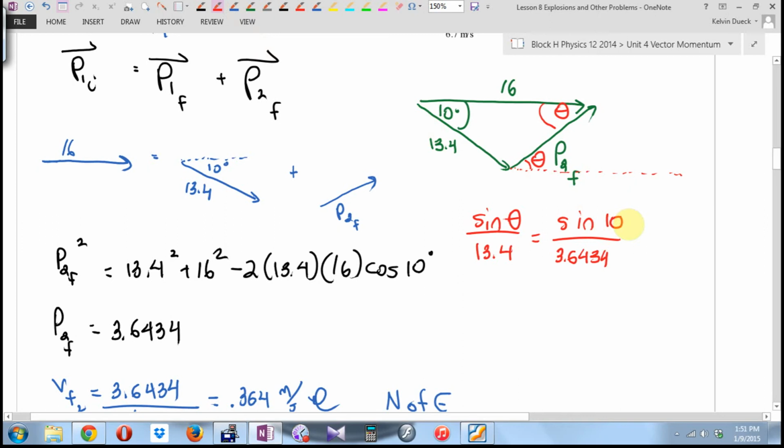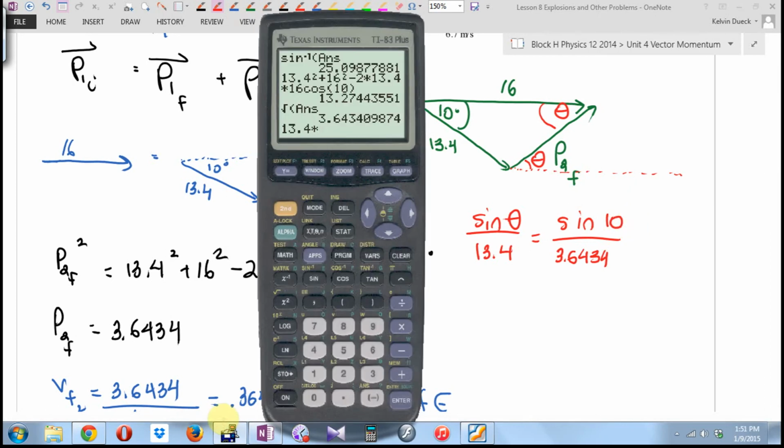Let's try that again. Sine 10 divided by 3.6434. Oh, wait a minute, divided by the answer button, since I still have that stored. Oh, that's the sine of theta. 0.7 degrees.